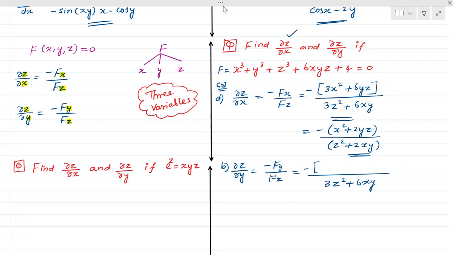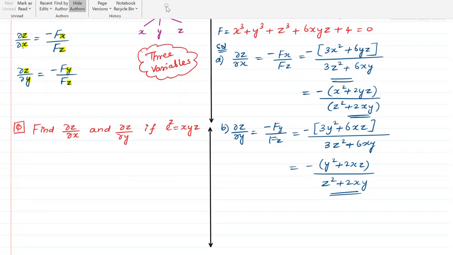Differentiate with respect to y: the second term gives 3y square, the z term is 0, and the next one gives 6xz. Similarly, taking 3 as a common factor and canceling, you will get minus y square plus 2xz over z square plus 2xy. This is the final answer.